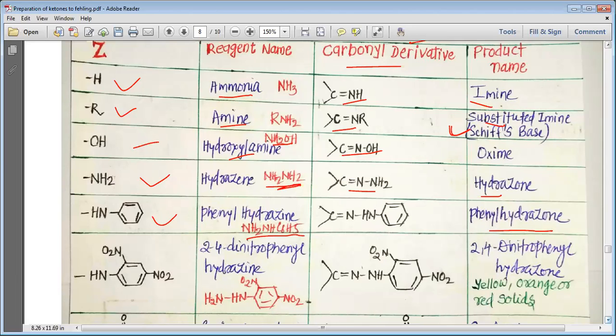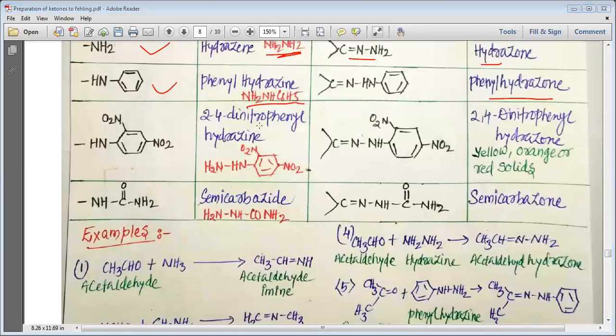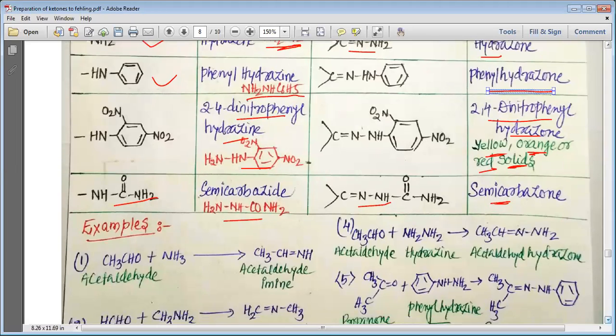We may have 2,4-dinitrophenylhydrazine, that gives us the 2,4-dinitrophenylhydrazone, which is a yellow, orange, or red colored solid. In the same way, if we have semicarbazide, we may get semicarbazone.